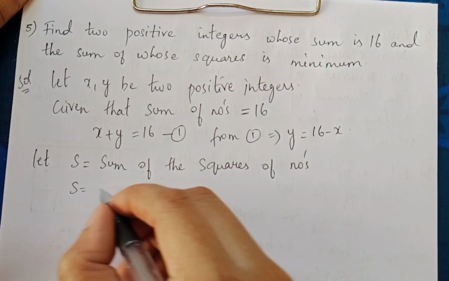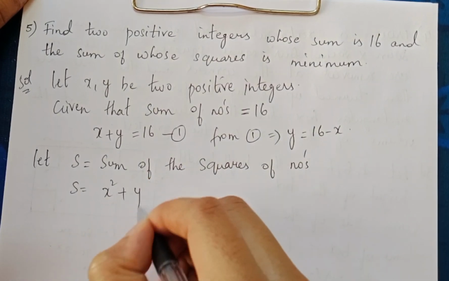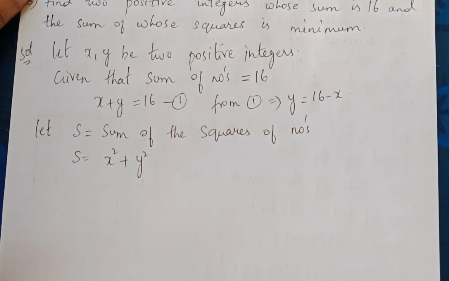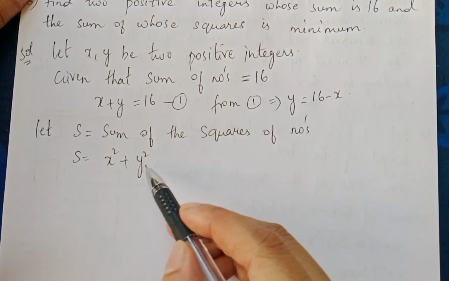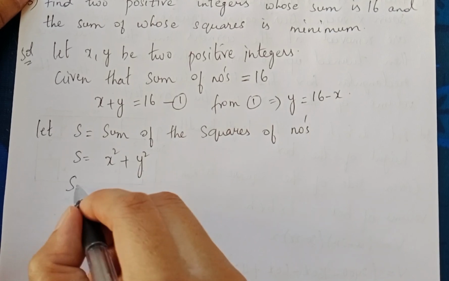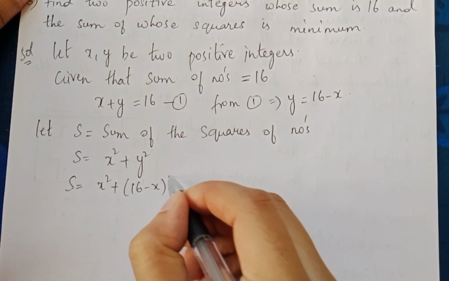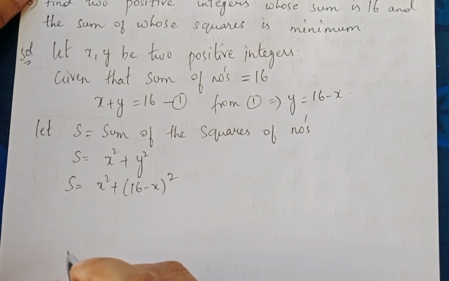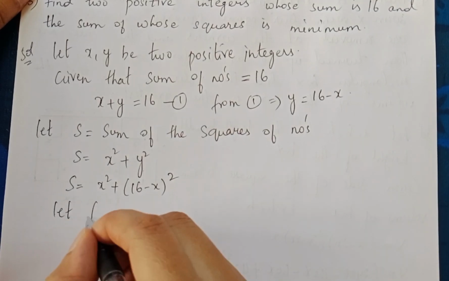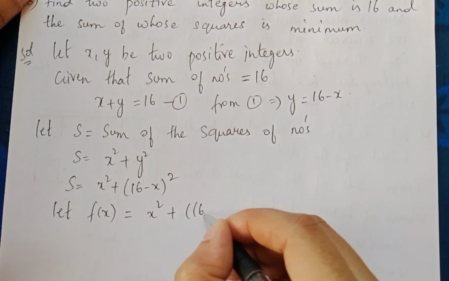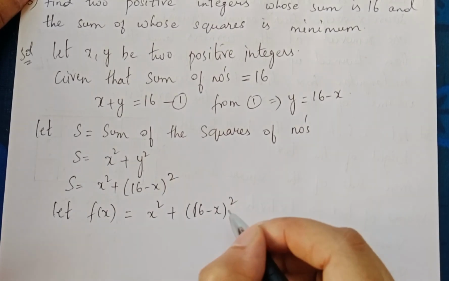So s is equal to the sum of the squares of the numbers. The first number is x and the other is y, so we have to square both of them and add. Now substitute the value of y in the equation, and you will get s equals x square plus 16 minus x whole square. Now consider this function as f of x. Let f of x be equal to x square plus 16 minus x whole square.